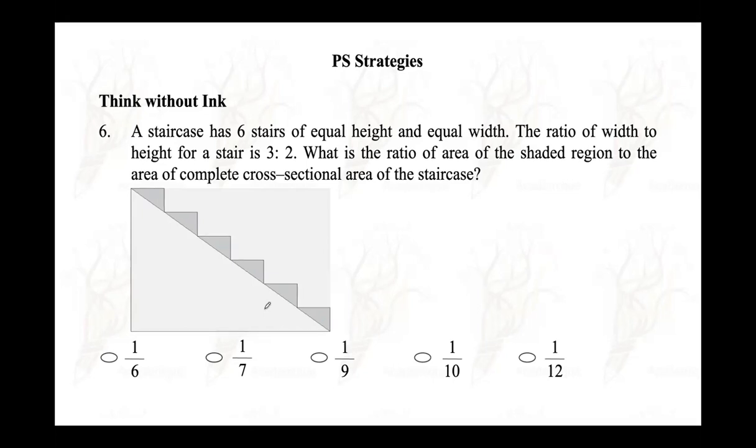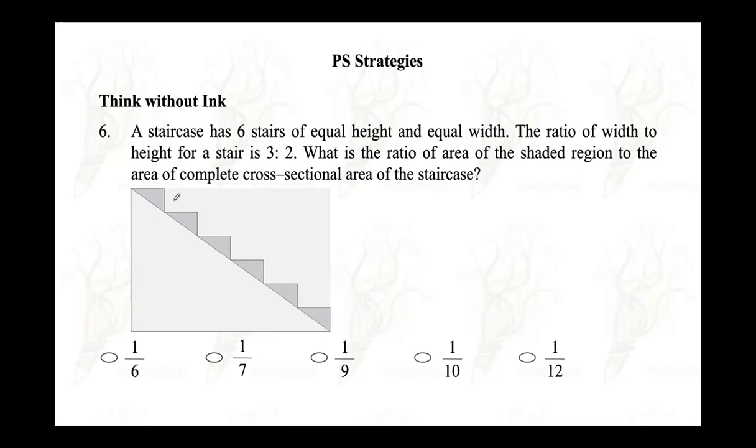Now, one way of doing it is actually making the diagram, saying that, okay, equal height and equal width. So I can find out how much is the width, how much is the height. Ratio of width to height for a stair is 3:2. So we'll calculate that, take it as 3x, take it as 2x, and then find out the answer.